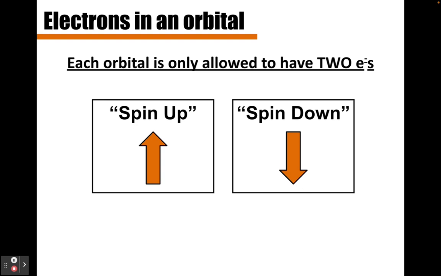So again, just to recap, we have the quantum number that deals with the energy level, right? So we have energy level, and those are represented by the letter N. So you can have N equals 1, 2, 3, 4, and so on. You also have the shape of the orbital. That is another quantum number. And the shape of the orbital indicates what sublevel it is at, right?